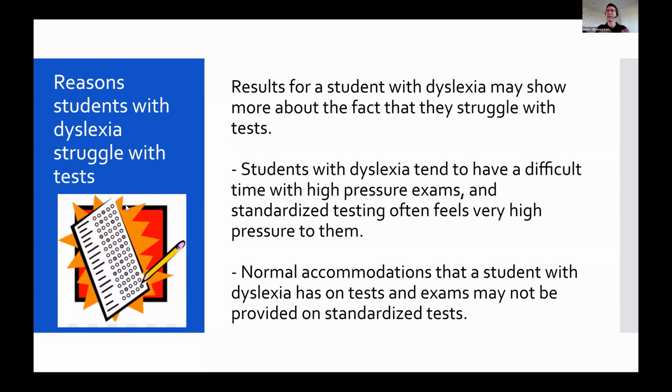And that can be pretty jarring if they're used to being able to use those accommodations, and suddenly they get this test which is much bigger than most tests they take, and they can't use that accommodation. So for that reason, scores may be lower than expected.